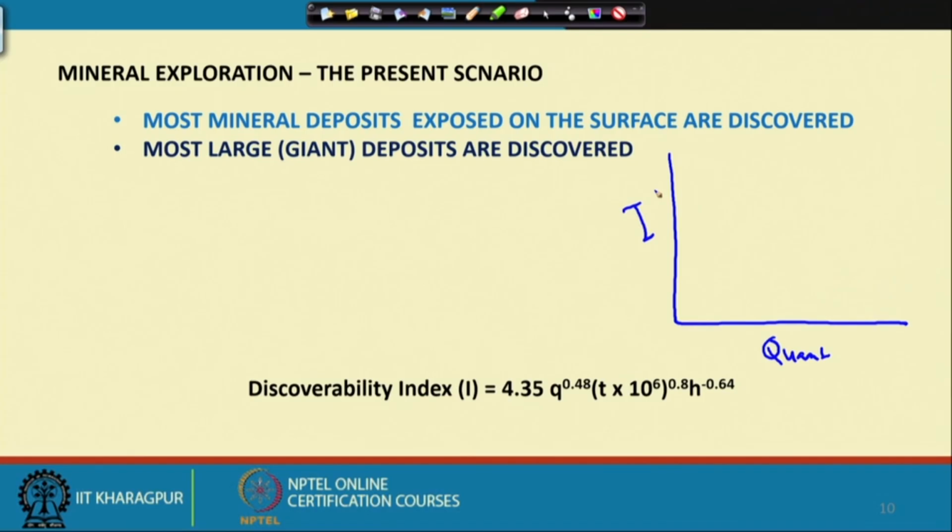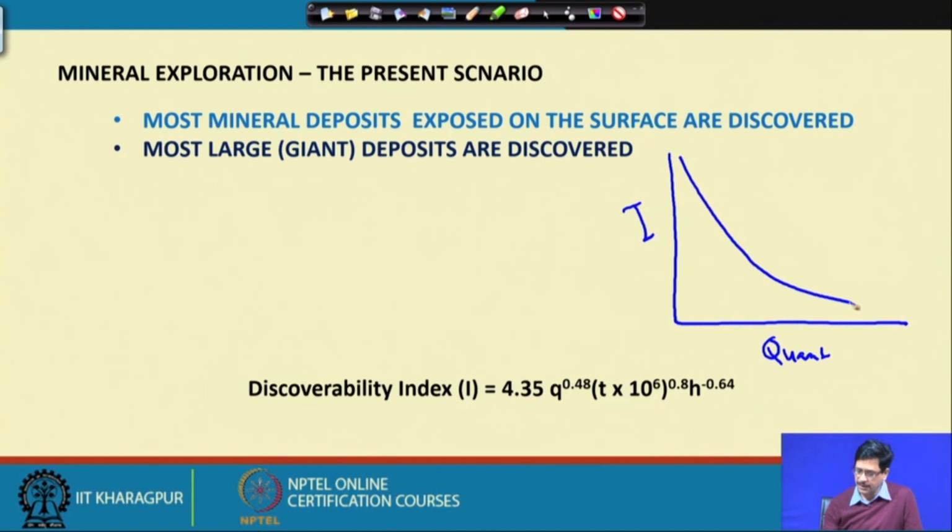So, if the quantity is high, the discoverability is also high. Sorry, I mean the lower. So, at this present time, the discoverability of a much smaller deposit is rather larger, and this might even have a curve like this.